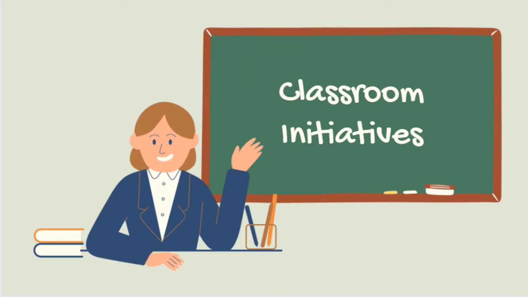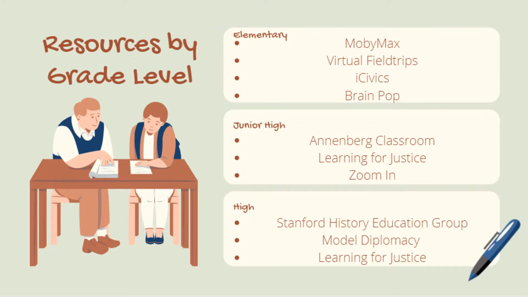Now we're going to look at some classroom initiatives that we can bring in as resources. We have our resources labeled by grade level. For elementary, we have MobyMax, virtual field trips, iCivics, and BrainPop. For junior high, we have the Annenberg Classroom, Zoom In, and Learning for Justice, which is also in the junior high and high school level.